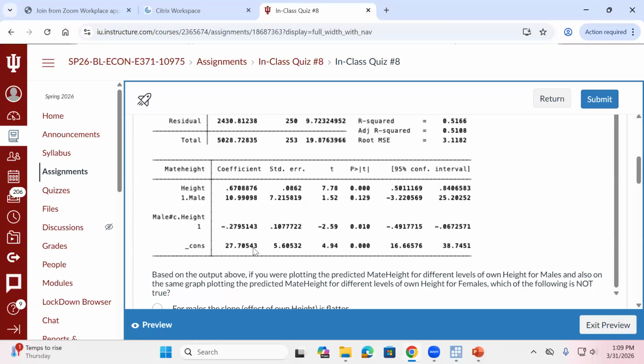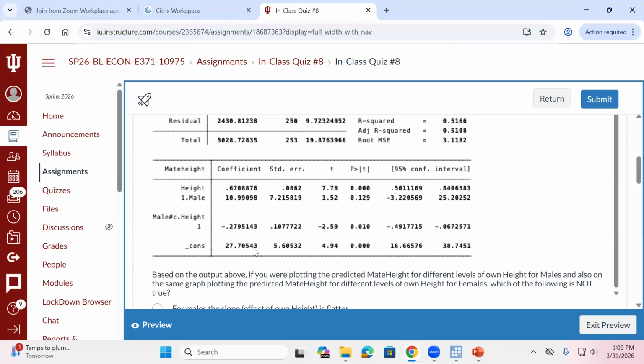What do we notice? It's positive. So before we were down at 27.71, now we're up at 27.71 plus 10.99, so roughly 11, which is 38.7. Essentially, we're at a higher starting point.